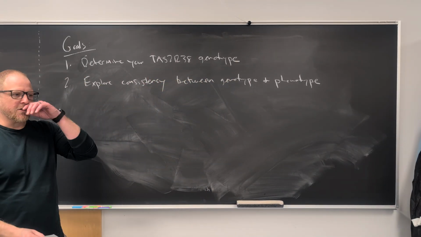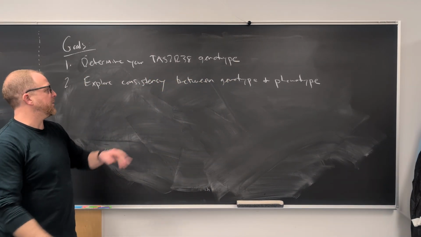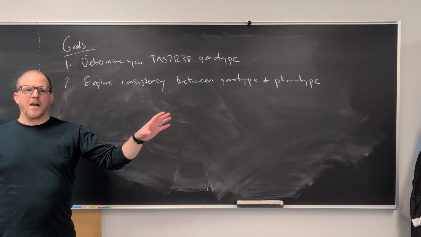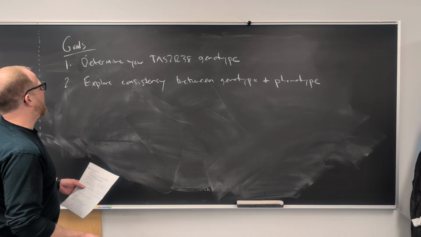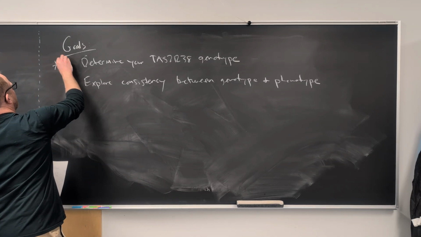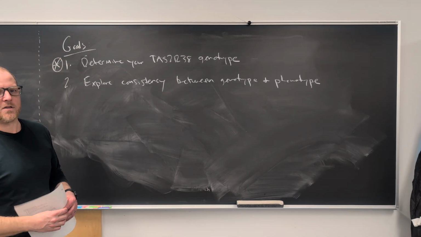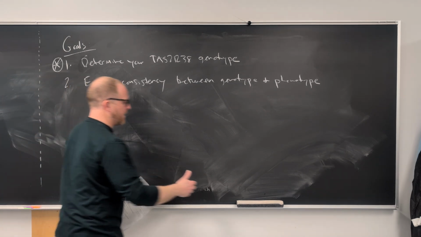There are some interesting examples where people's genotype and phenotype are inconsistent, so there's some fun stuff to explore. But again, our primary goal is determining our TAS2R38 genotypes. We're going to focus on that for the rest of this video.